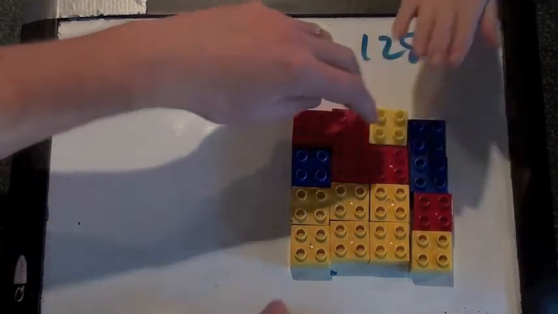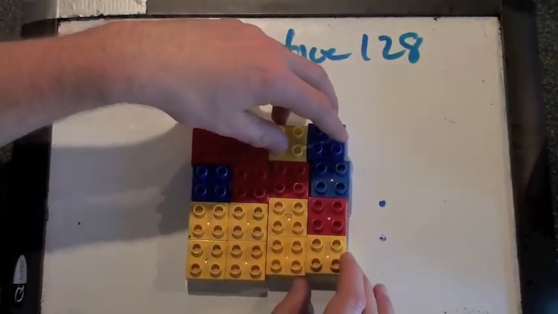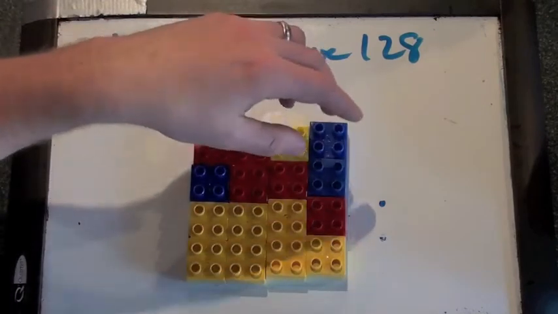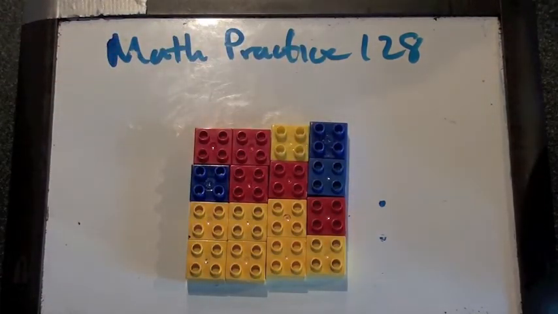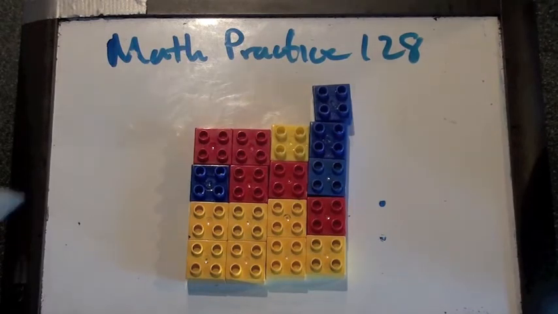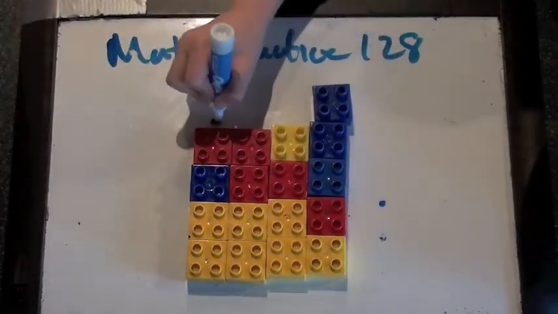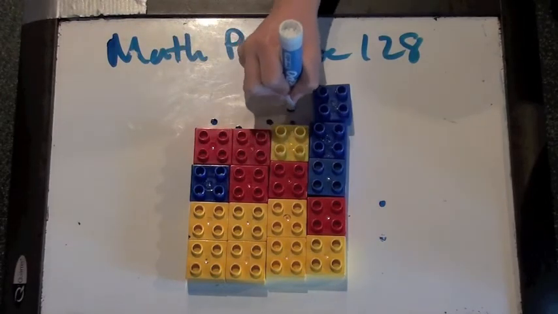Okay, great. There's a 4x4 square, and the perimeter of a 4x4 square is 16. And we're trying to get a perimeter of 18. So why don't you add 1 block to this? All right, now let's see if we can figure out the perimeter here.